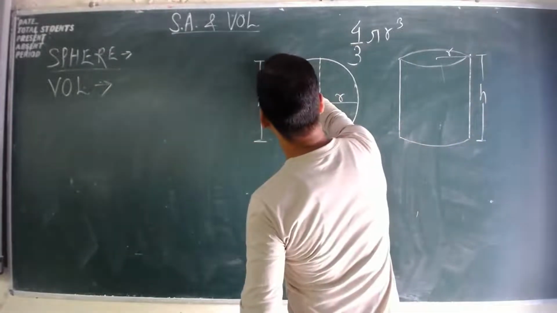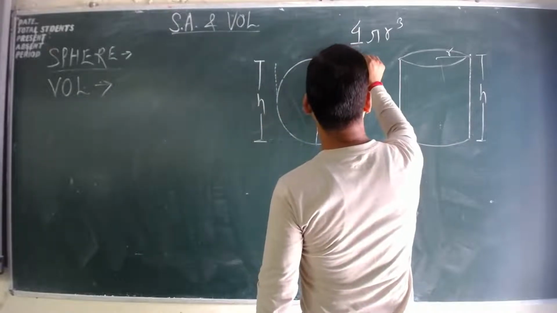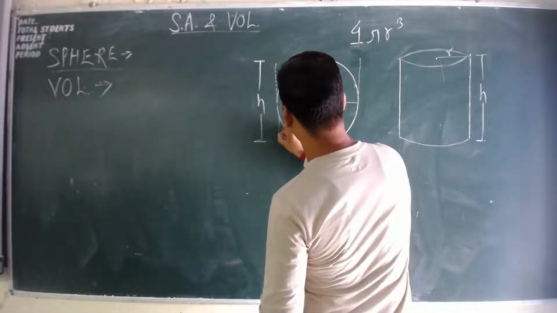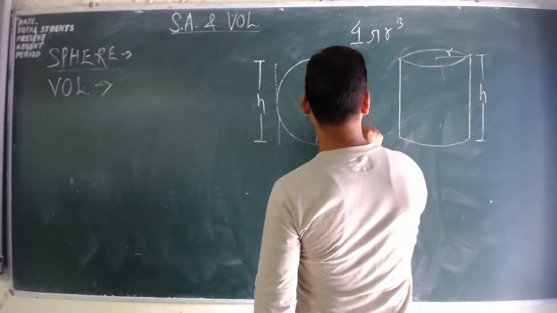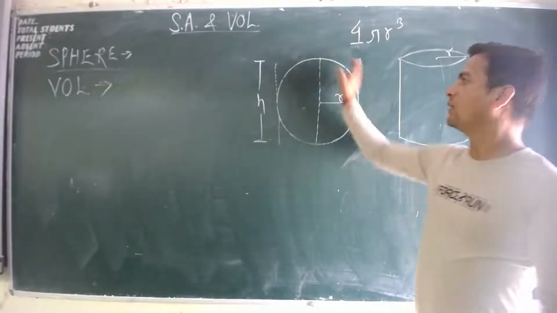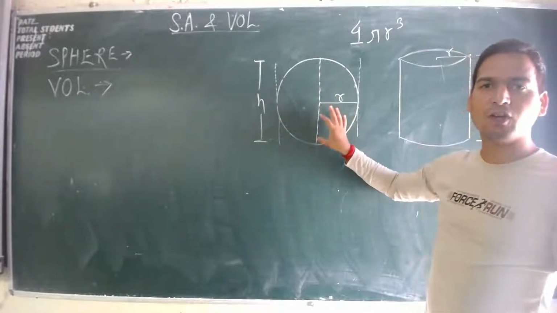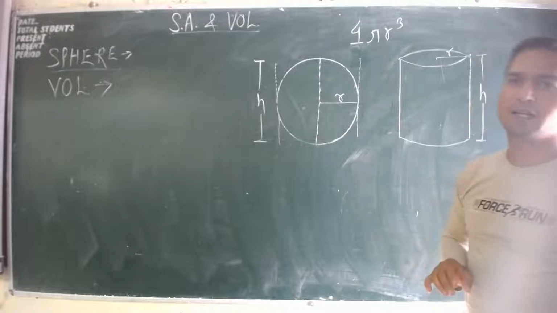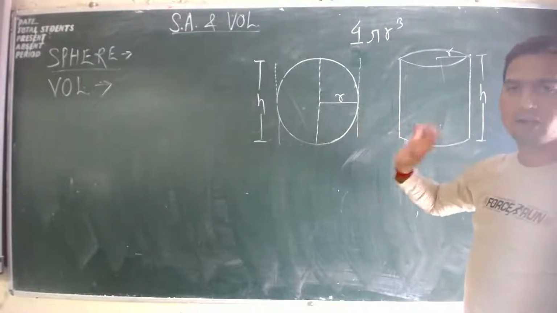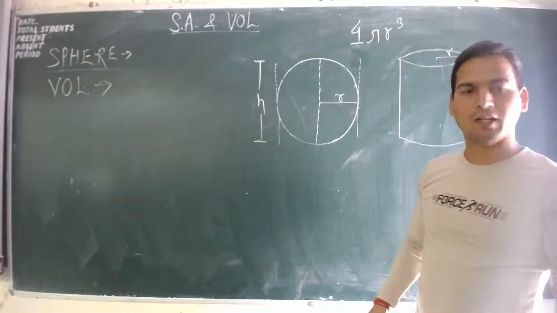This space is missing in sphere, this space from the upper and this space from the downward. Since this space is missing in the sphere, that's why sphere has less volume compared to the equivalent cylinder volume. Clear? Because this space is absent in the case of sphere.